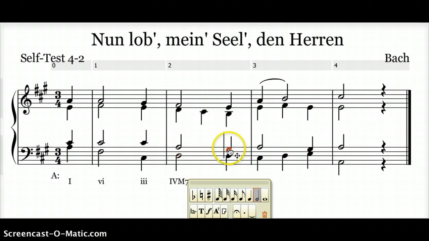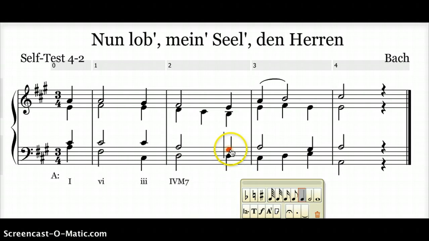Great, let's find one that's not in root position, which we have right here. If we stack this chord and take a pitch inventory, we will have an E, G, B, D. So stacking this up would give us E as the root. What is E in the key of A? A, B, C, D, E. It's the 5th of the chord.